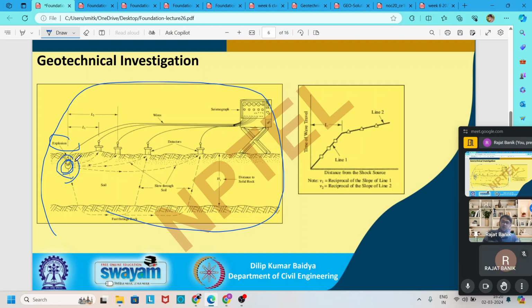We record this seismic wave at different locations, like here, and try to record the first arrival time of the P waves and plot the distance versus time plot. This plot depends on the shear modulus of the different soil layers and also the velocity of these different layers.